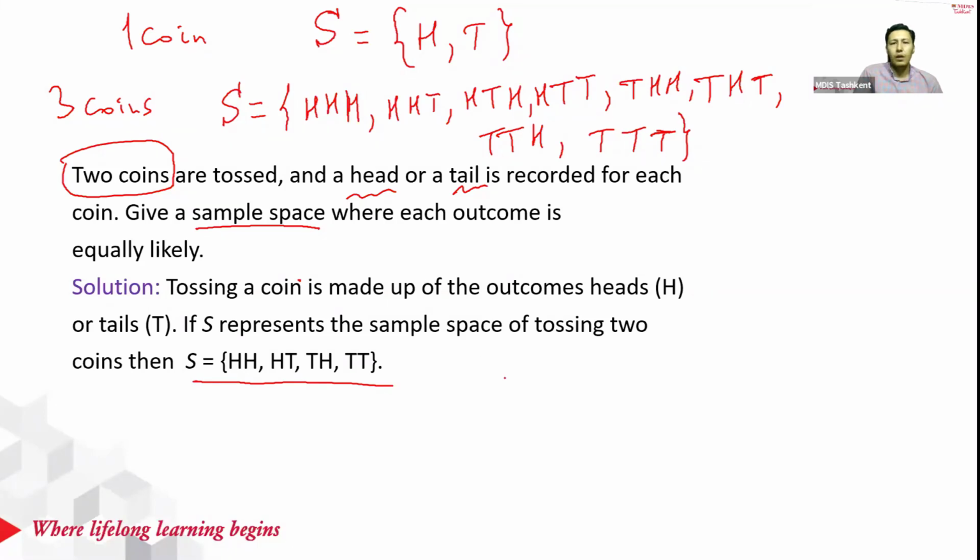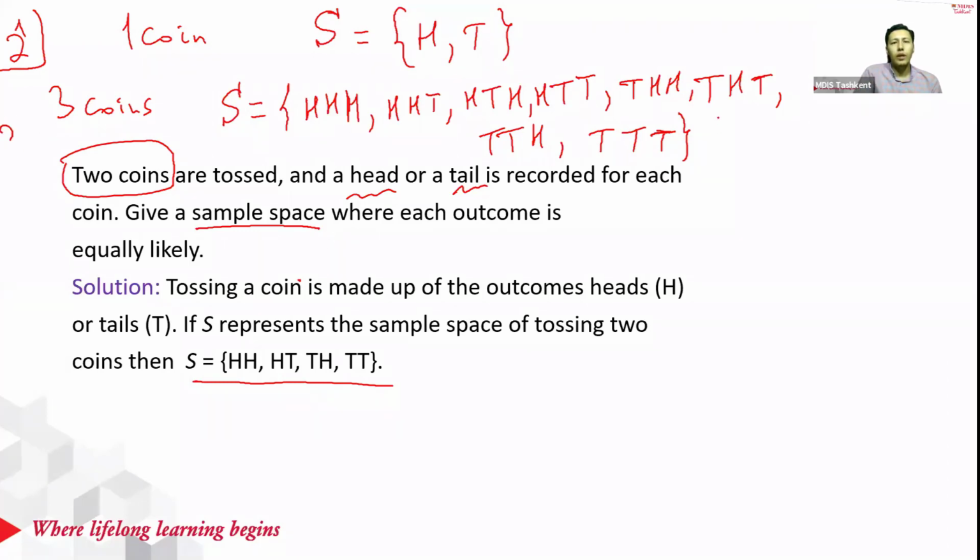Understand? So this is like subsets. So coin has 2 faces. So if you toss 1 time, it is like 2 power 1. So you get 2 elements here, 2 possibilities. If you toss 1 coin 3 times or 3 coins, that means 2 power 3.